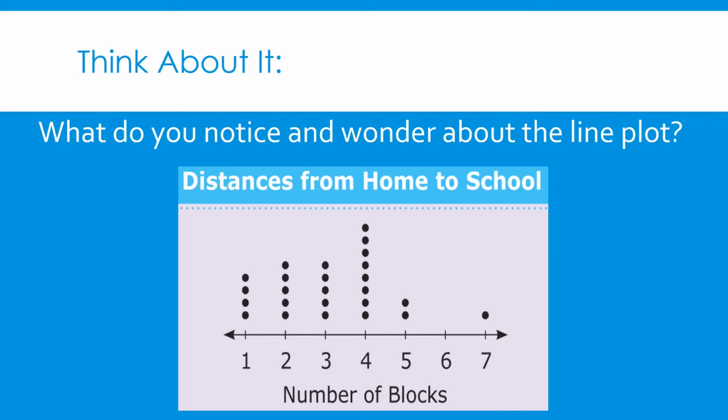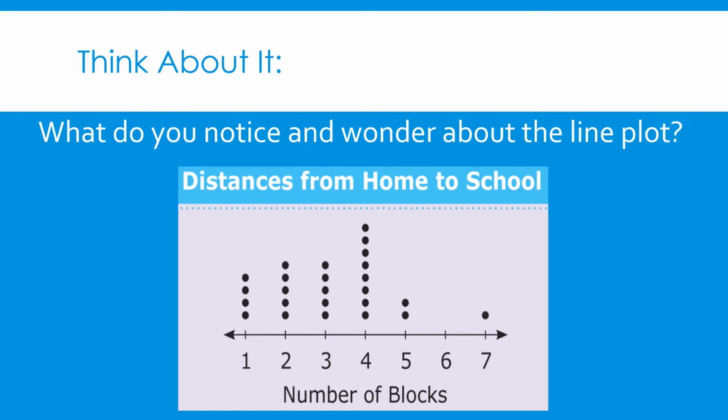Before we begin, let's take a look at our line plot that we have shown here. What do you notice and what do you wonder? Some examples of things you might notice is that it has a title, it is labeled, number of blocks, it has a number line from 1 to 7, counting by ones.